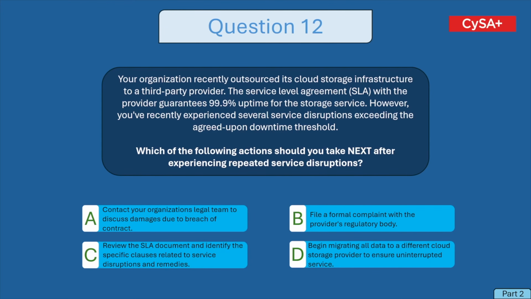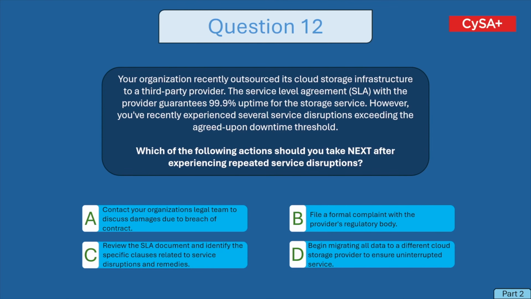All right, service level agreement. For those that don't know what that is, it's an agreement between a service provider and a customer that defines the expectations regarding a service that they offer. Pretty much what it is. But the best thing to do when dealing with disruptions exceeding the agreed upon downtime threshold is to review the SLA document and fully understand the accountability and the recourse if the service falls below those expectations.